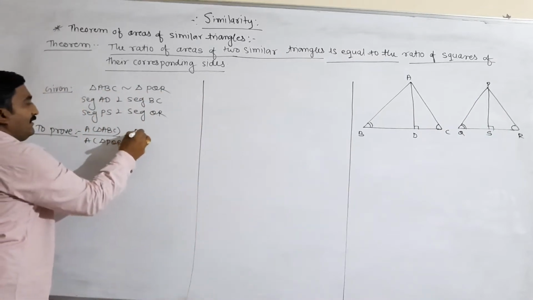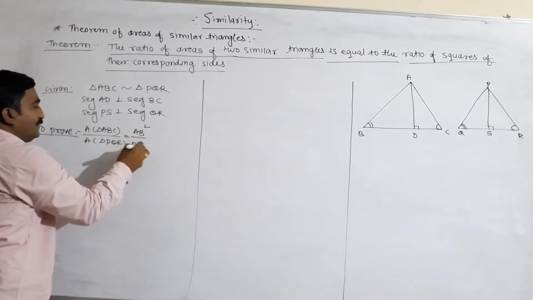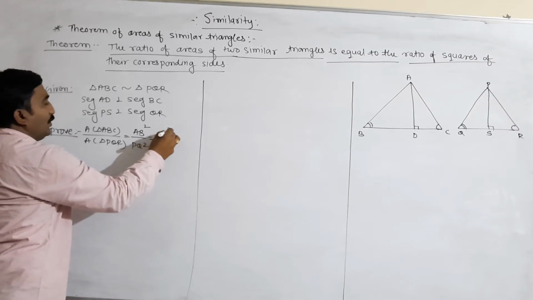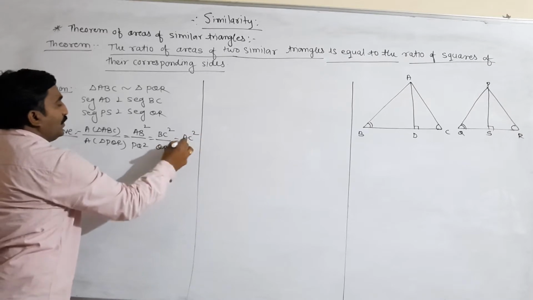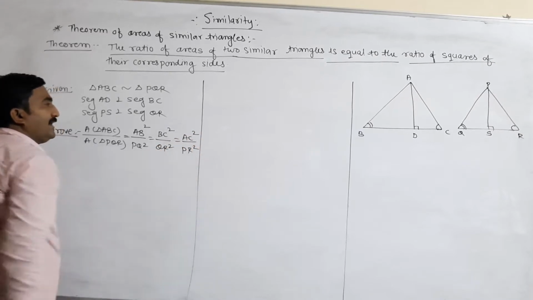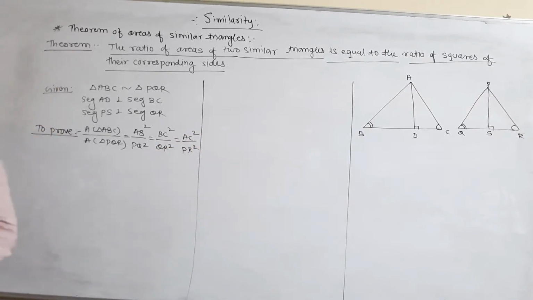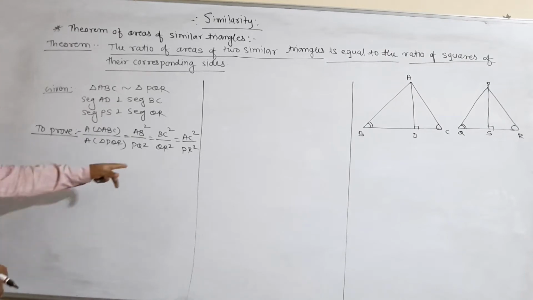It means AB square divided by PQ square is equal to BC square divided by QR square is equal to AC square divided by PR square. This is what we have to prove.